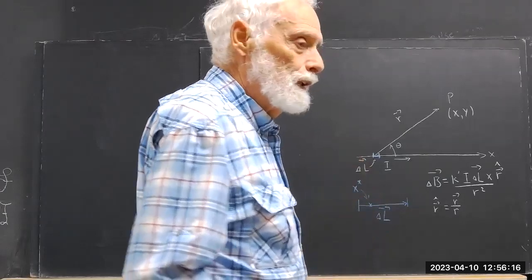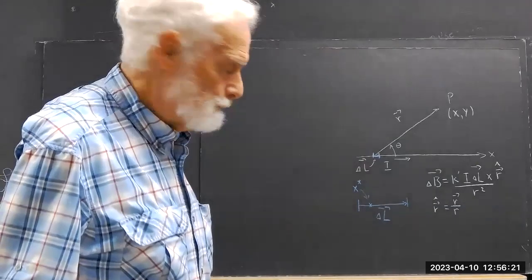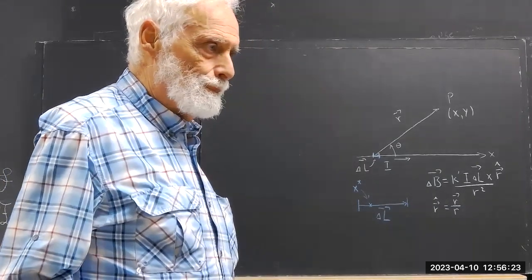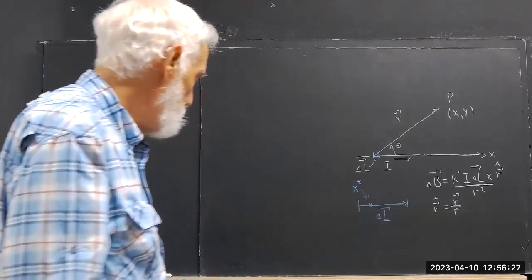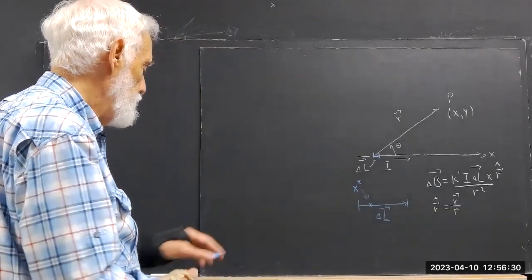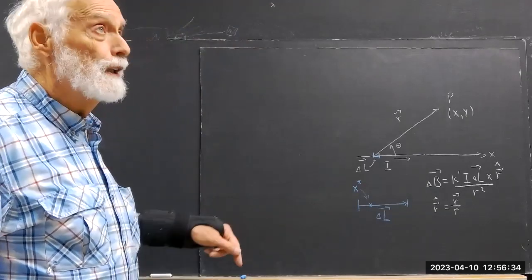Okay, so we've got that now. Let's think about what would happen if this was a segment of a circle.